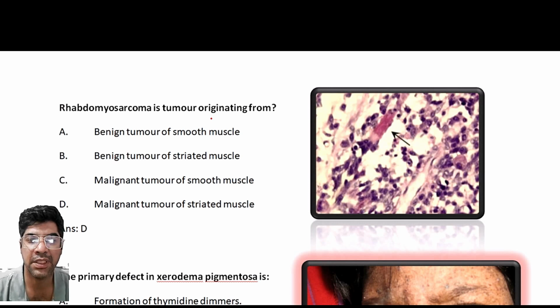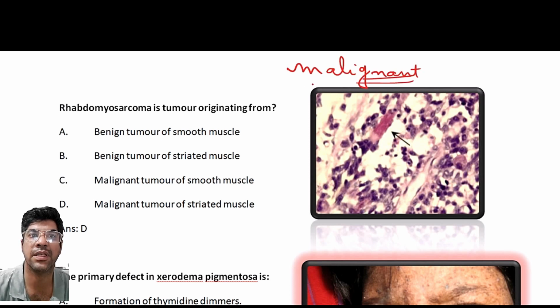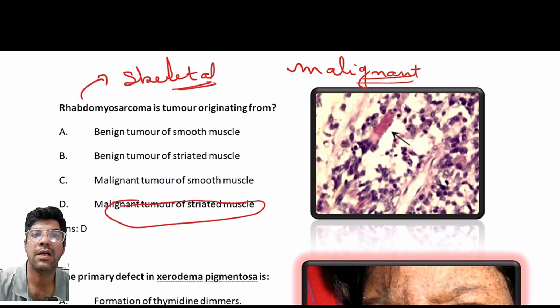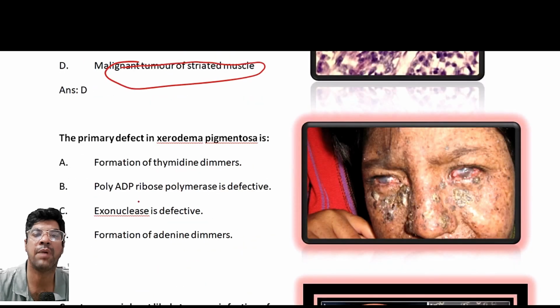Rhabdomyosarcoma is a malignant tumor. Remember, it is a malignant tumor that originates from the skeletal muscles. It is a malignant tumor of the striated muscles. The primary defect in xeroderma pigmentosum is the formation of thymidine dimers.